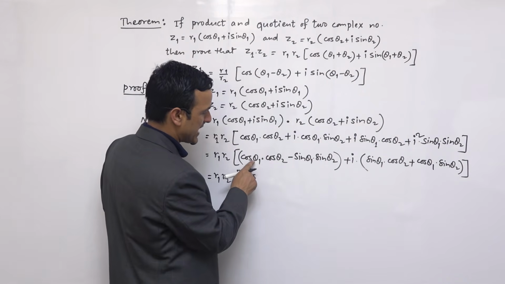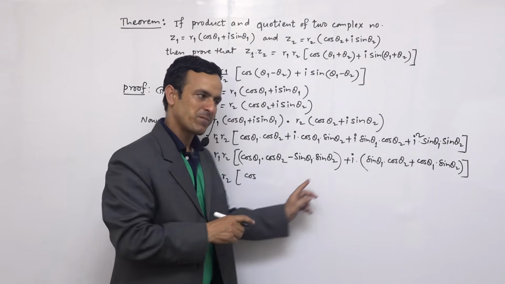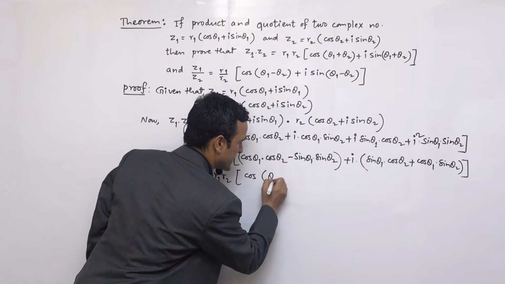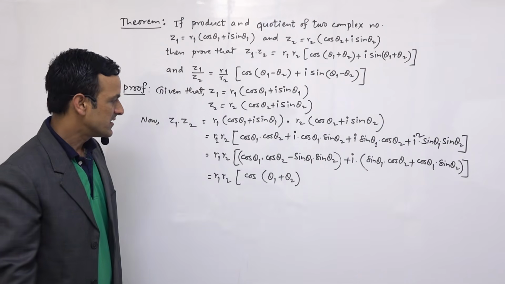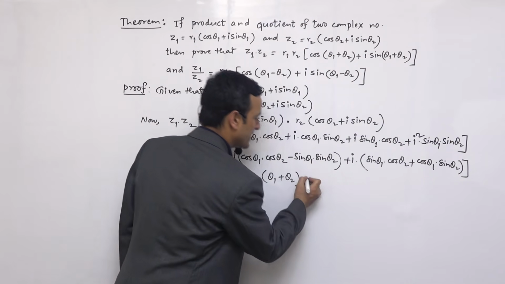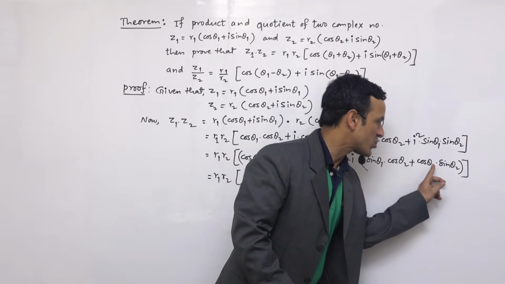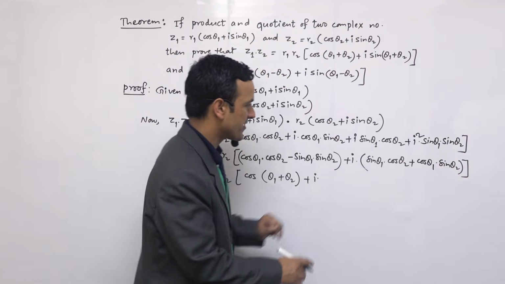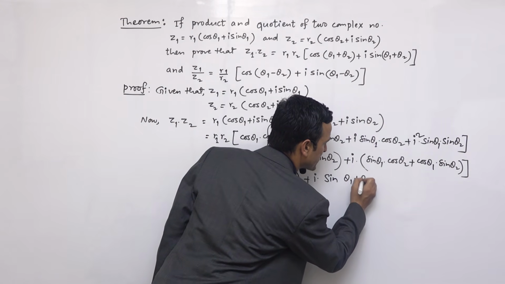So what is the formula? Cos A cos B minus sin A sin B. What is the formula? Cos A plus B. So this is the trigonometric formula. Cos A plus B means cos A cos B minus sin A sin B. Similarly, sin A cos B plus cos A sin B. What is the formula? So it is sin A plus B.